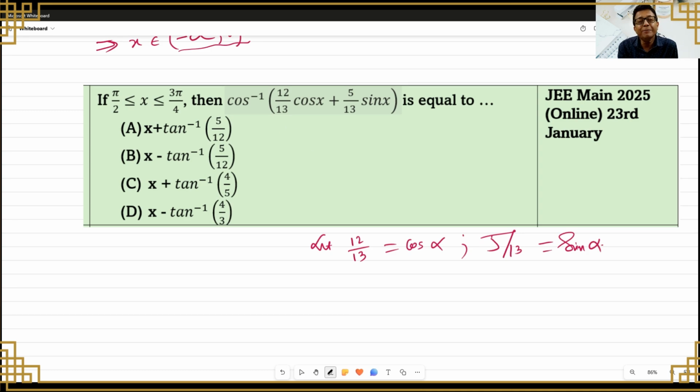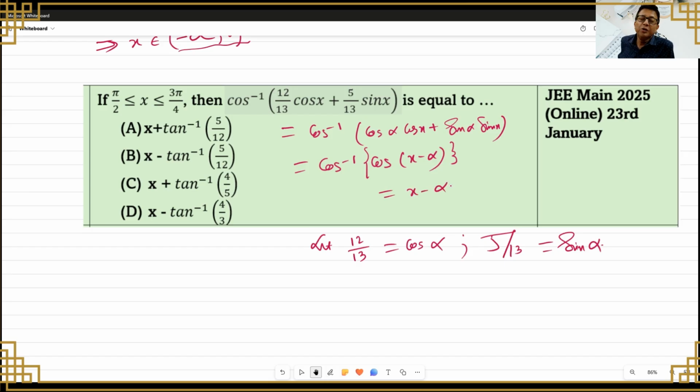So this given expression changed to what? Cos inverse cos x minus alpha. So it will be x minus alpha.